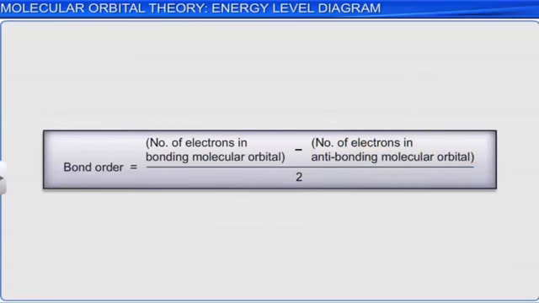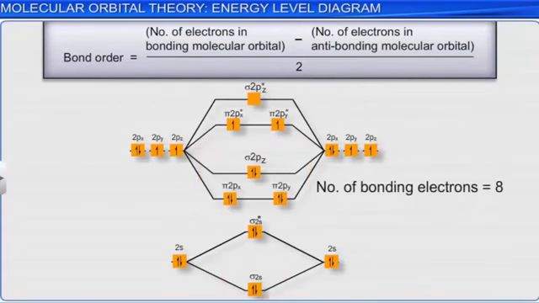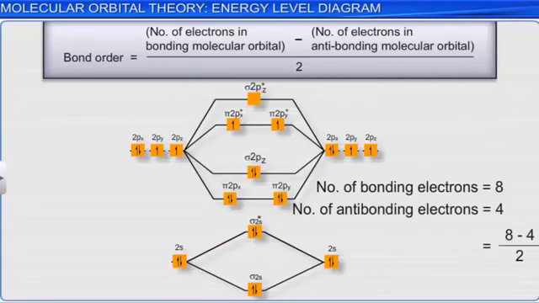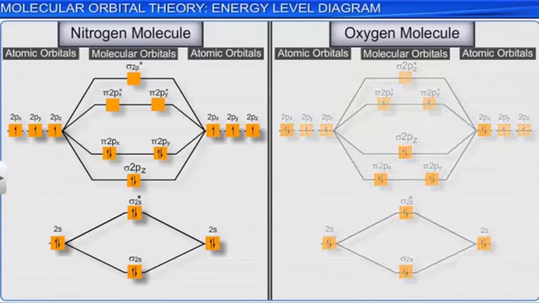Now, in oxygen, the number of electrons in the bonding orbitals is 8, and the number of electrons in the antibonding orbitals is 4. So, adding these values to the equation, we get the bond order as 2. As we know, when electrons in an atom or molecule are paired, as in nitrogen, they form a diamagnetic atom or molecule.